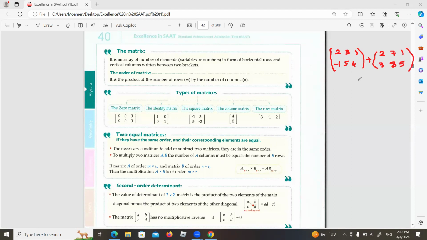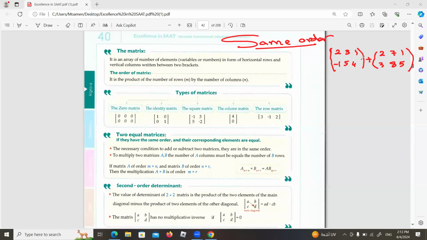Whether we need to add or subtract, you must first check. How can I check? You make a test: can you add or not, can you subtract or not. To add or subtract matrices, they must have the same order. They must have the same order, for adding and subtracting.